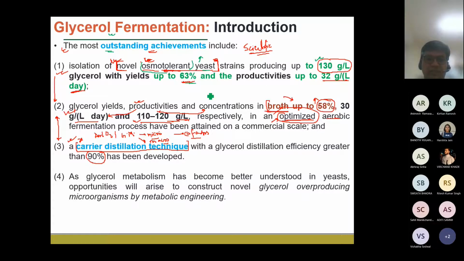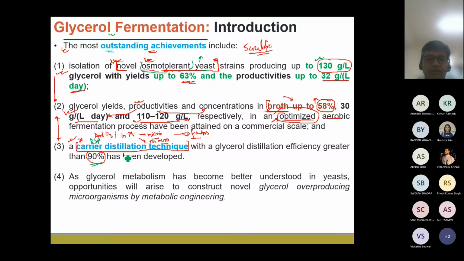However, another strategy for improving the production of glycerol was using a novel downstream processing. This is called the carrier distillation technique, by which it was observed that almost 90% glycerol was obtained, since the glycerol that we obtain is dissolved in the fermentation broth.